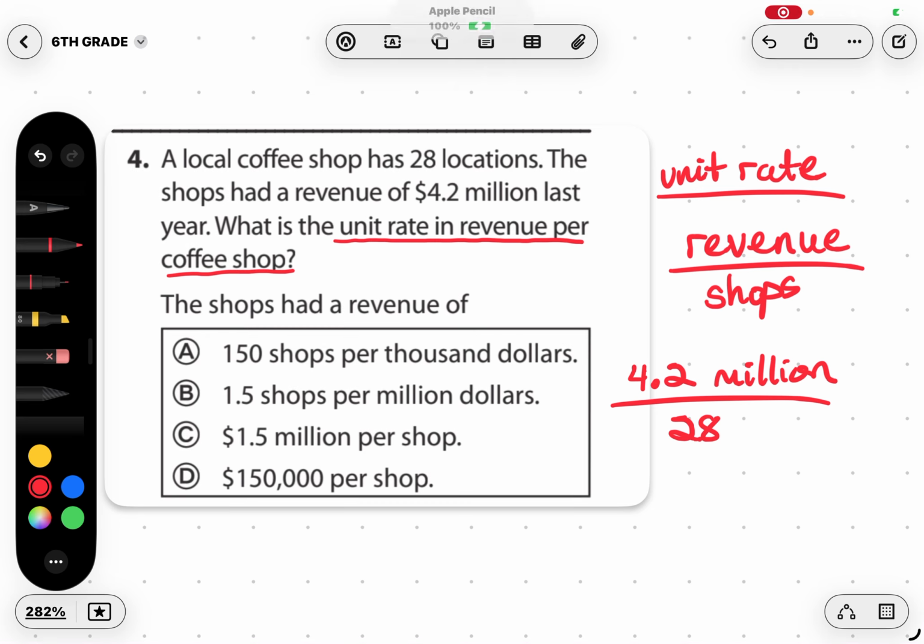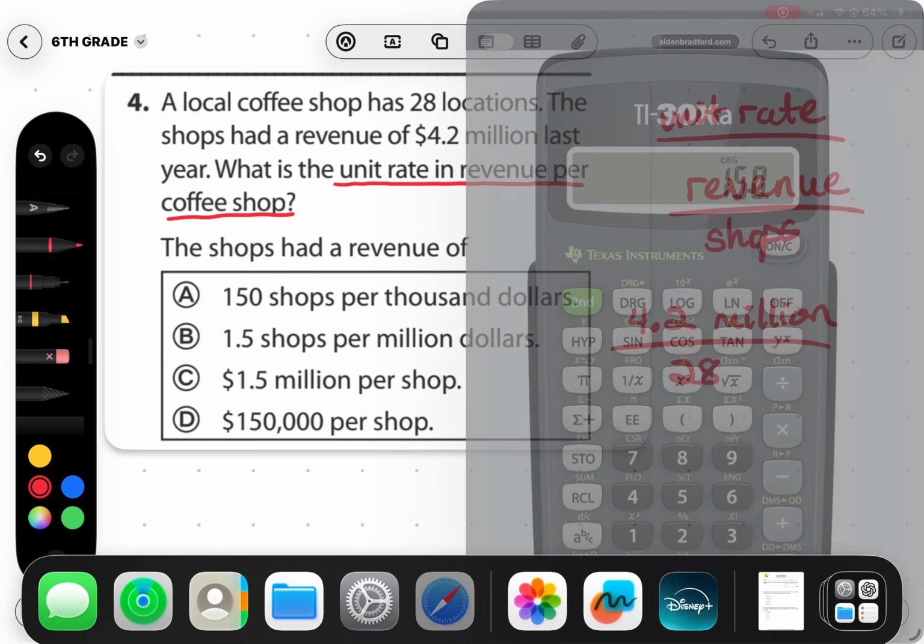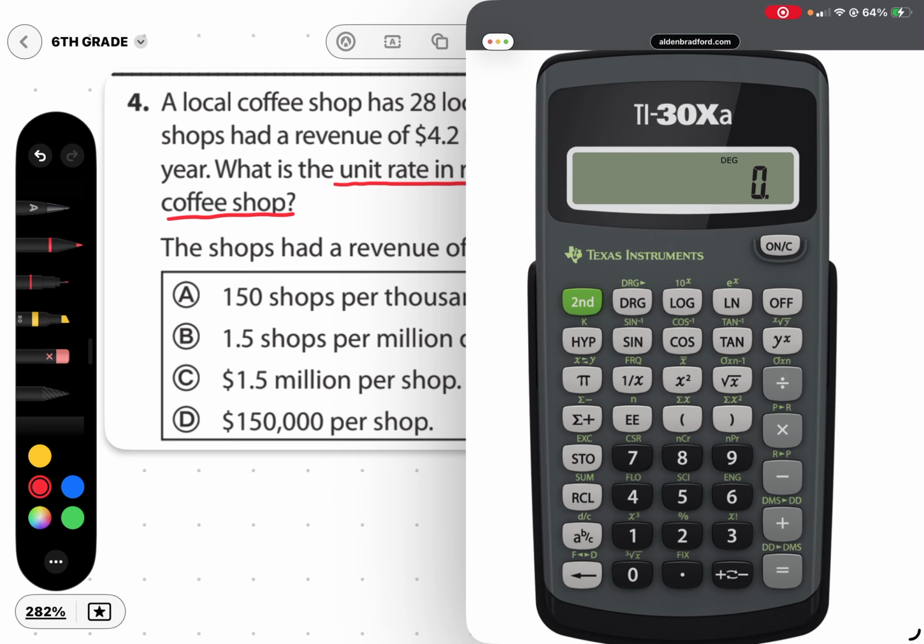So first, let's go to the calculator, and I'll use both of them for this example. The first one is 4.2 million. So we're going to have to multiply that times 1 million first. 1 million has 6 zeros: 1, 2, 3, 4, 5, 6.